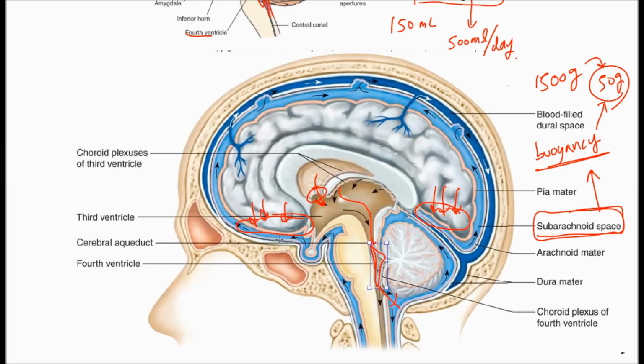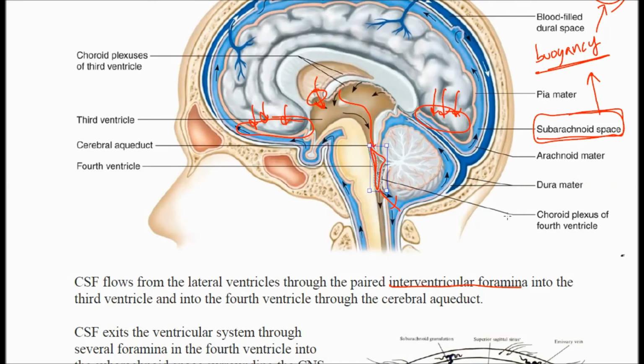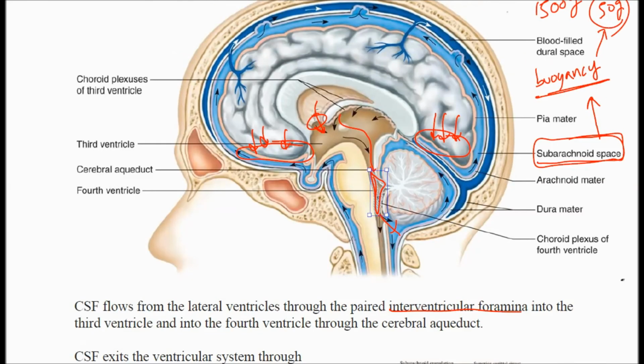With the help of the buoyancy force, the weight is reduced so that the structures at the bottom are not necrosed. That's another important role of the cerebrospinal fluid. Other roles could be waste removal, and also providing circulation of the immune cells throughout the brain structure and so forth.